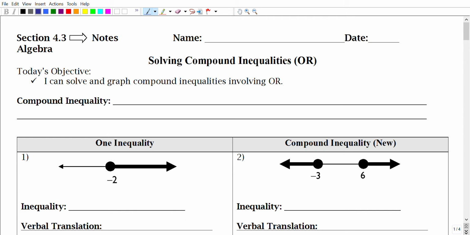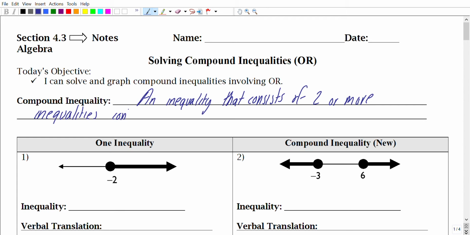So a compound inequality is an inequality that consists of two or more inequalities connected by the words "and" or "or."